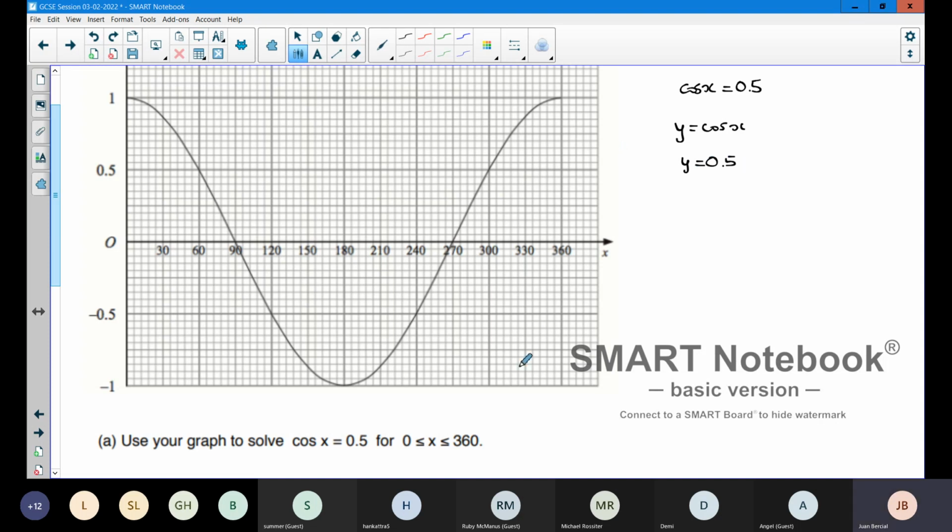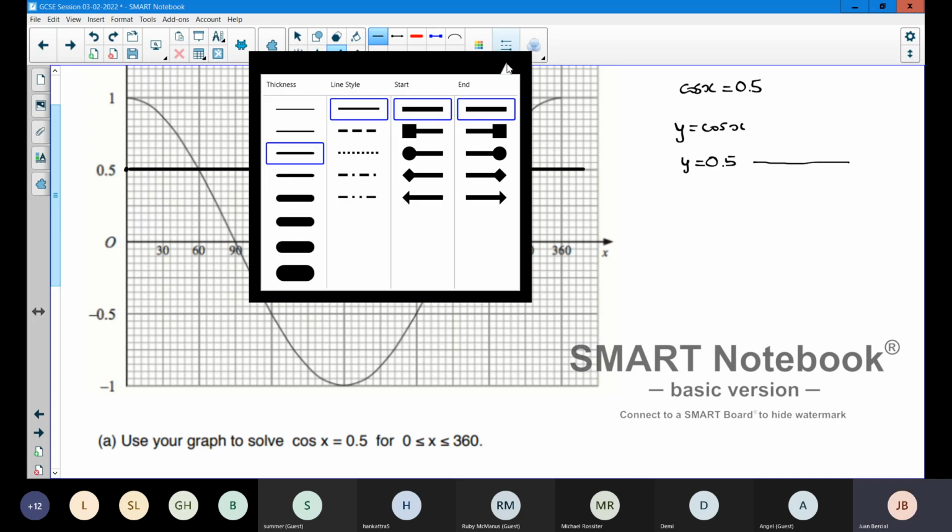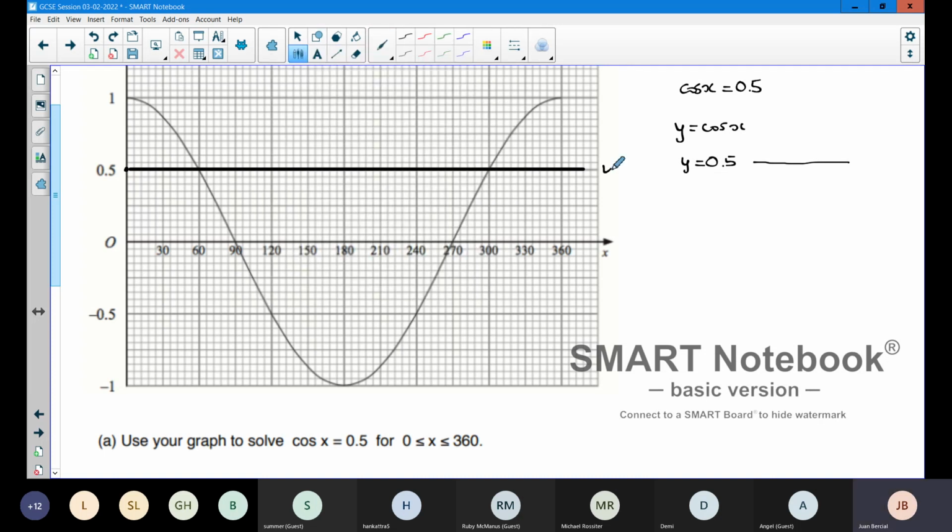Got my cos cup is there. Y equals 0.5 is going to be a horizontal line. It's always 0.5, so I just draw this horizontal line there. Okay, and I'm just going to label it, y equals 0.5.